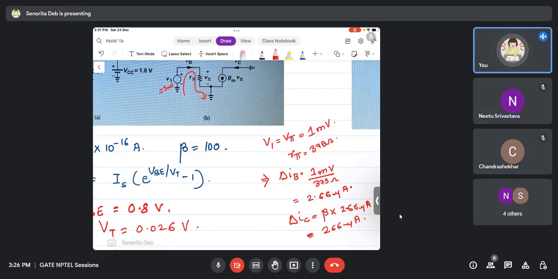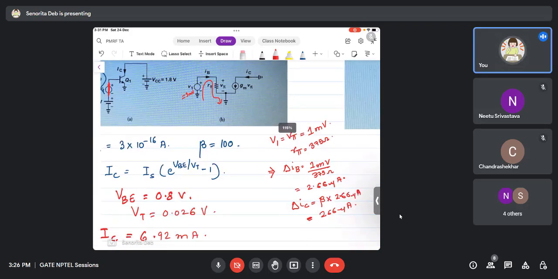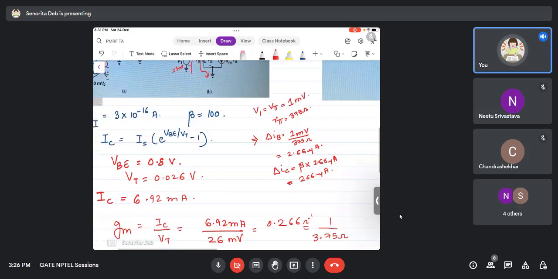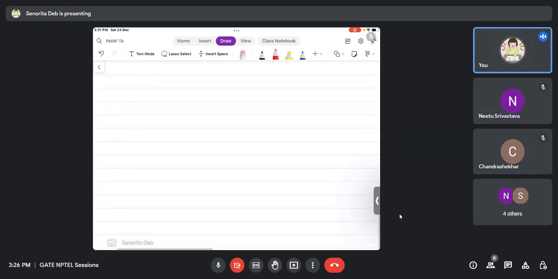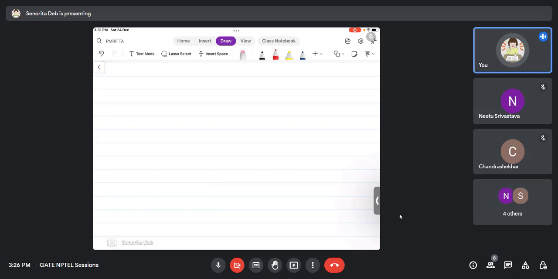Okay, so I hope you got this question. The question started with a normal BJT transistor, and they said, let us see what the parameters are when V1 is 0. So when V1 is 0, you found GM, you found R pi, beta is already given.